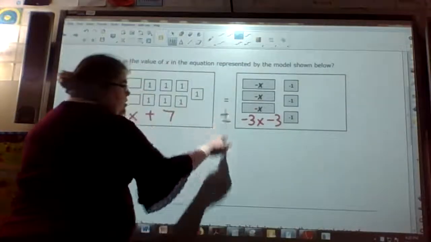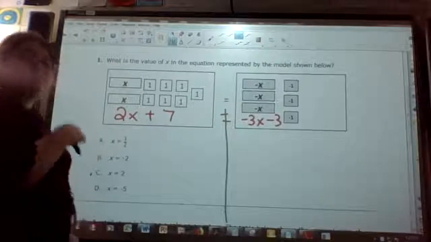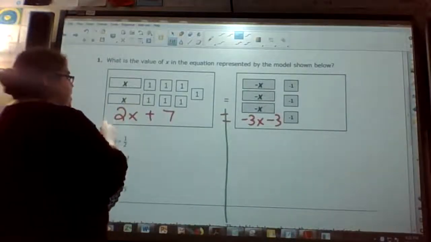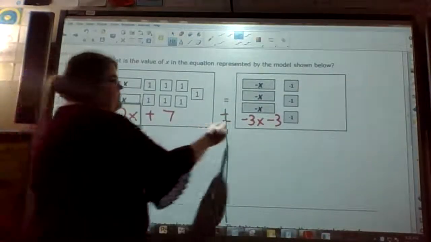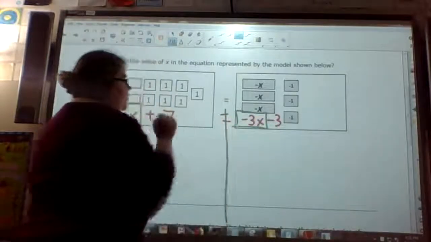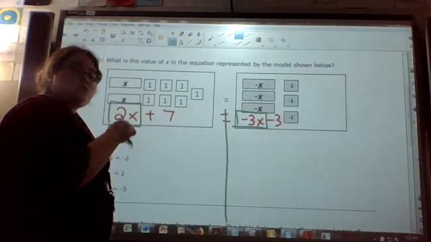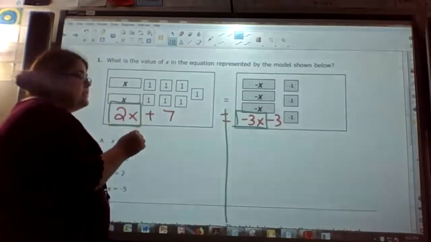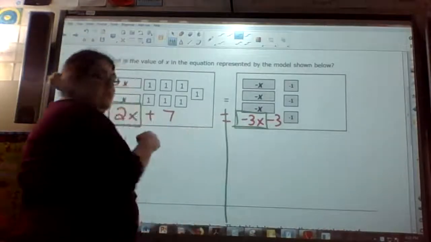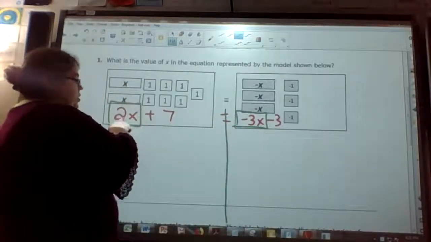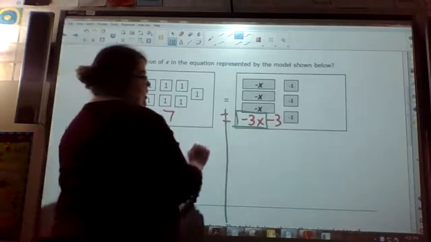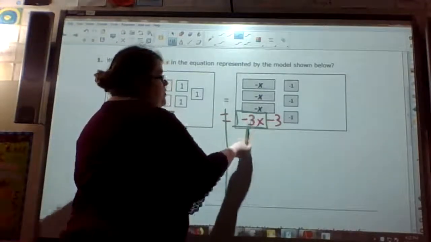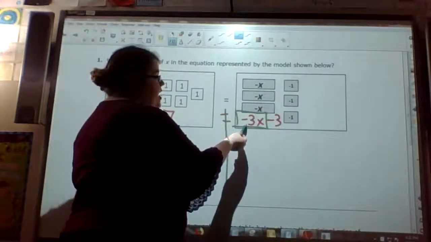From there, I'm setting my left side equal to my right, and I'm going to solve for x. So I'm going to box my variables, and I'm going to get rid of my lowest variable. So the least variable, instead of positive 2 would be negative 3. To get rid of the lowest variable, I do the opposite.